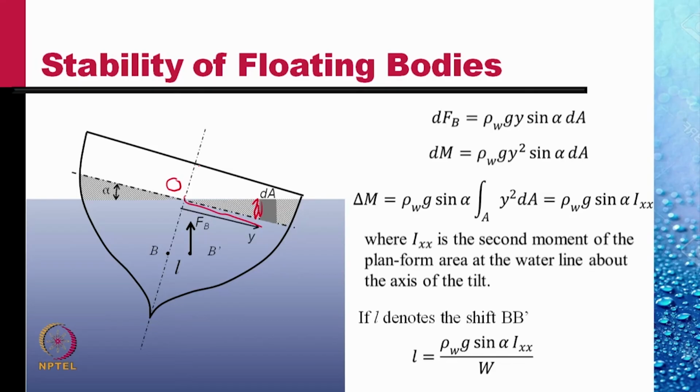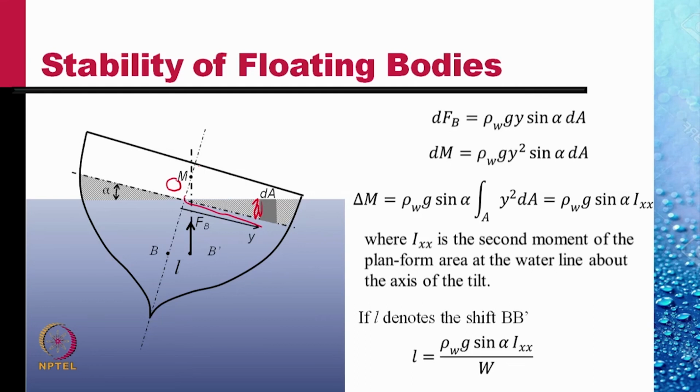So this is L, which is the distance between B and B prime. The shift in B is rho w g sine alpha Ixx divided by W, the weight of the ship.